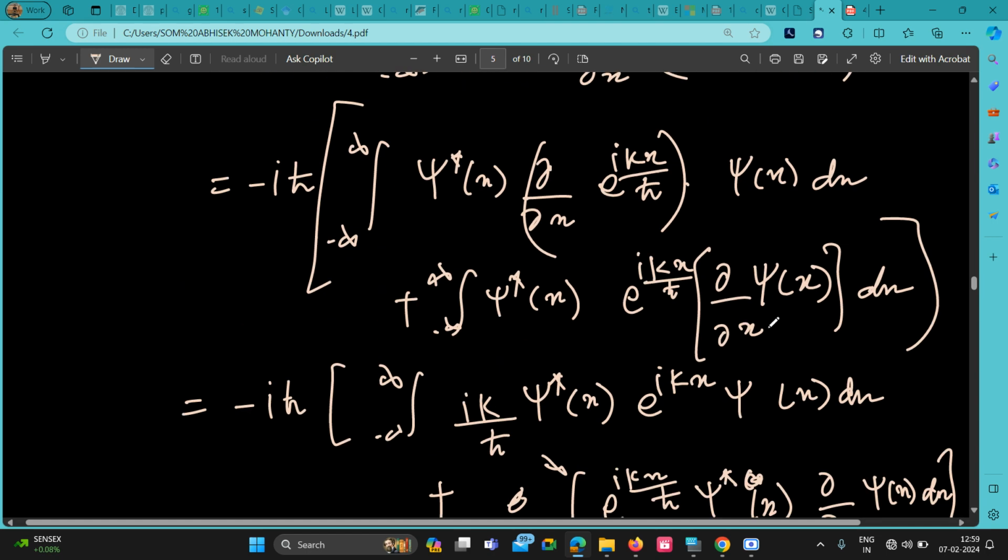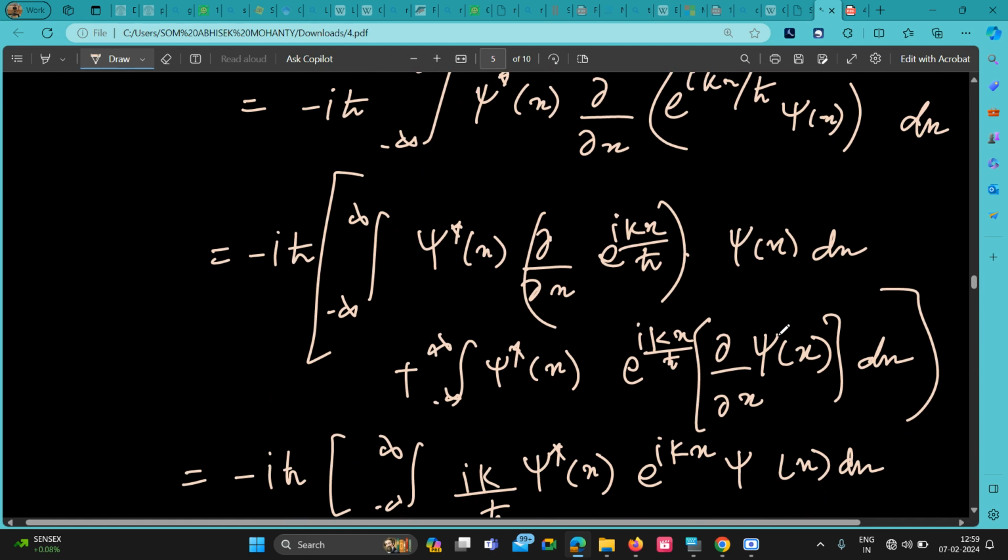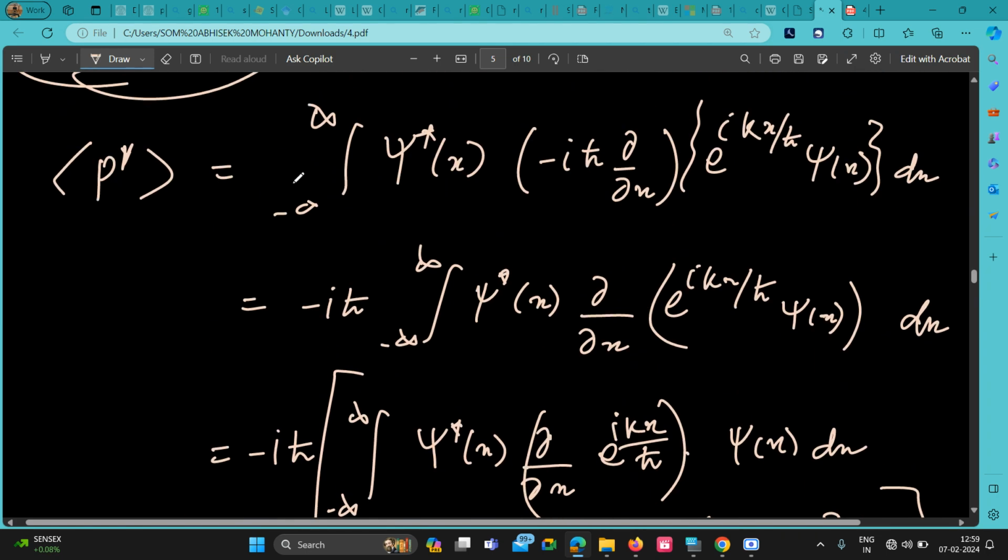Okay, see, another mistake I have made here. If this is psi x, then psi star x will be e to the power minus i k x by h cut, right?